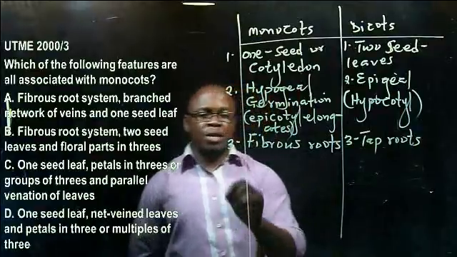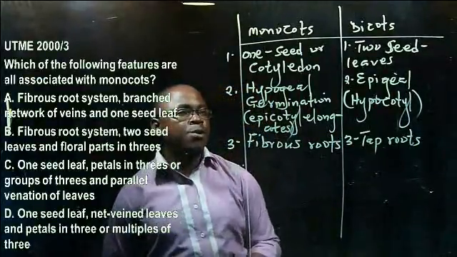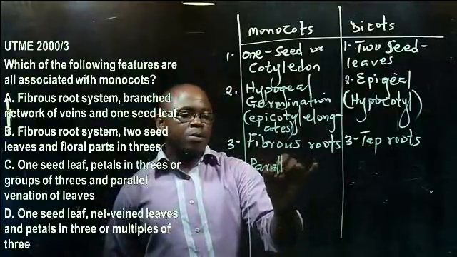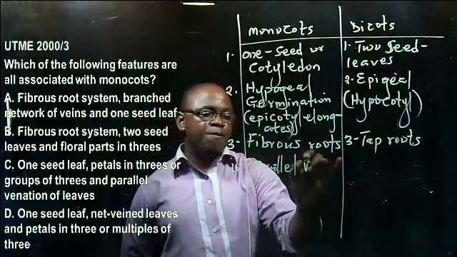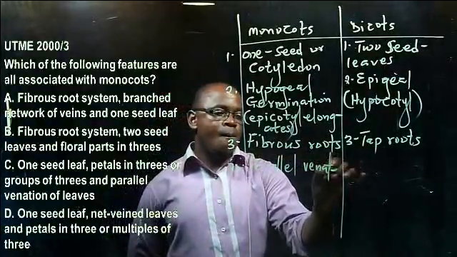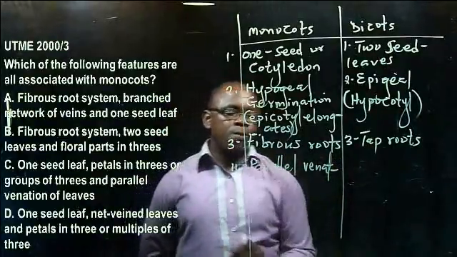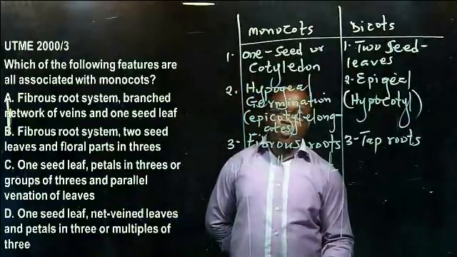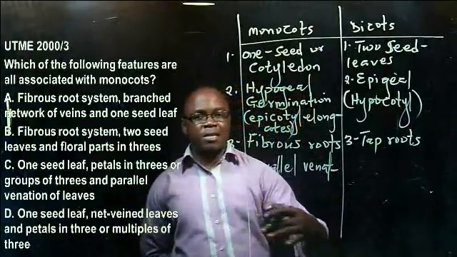Also there's what we call venation. Monocots exhibit a parallel type of venation. Venation means arrangement of veins in a leaf, which means their veins are arranged parallel to each other.